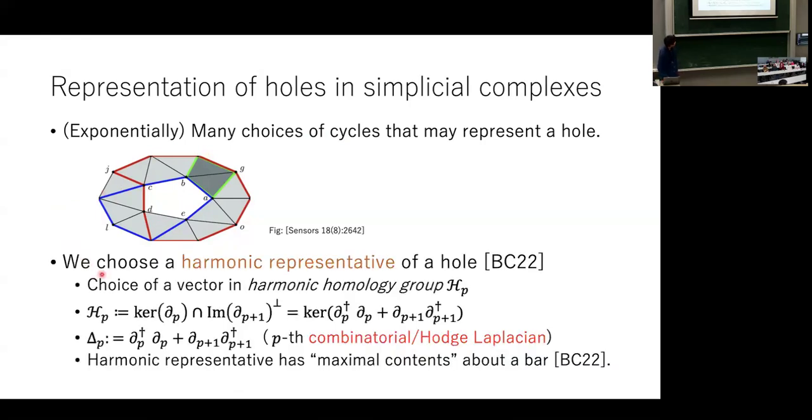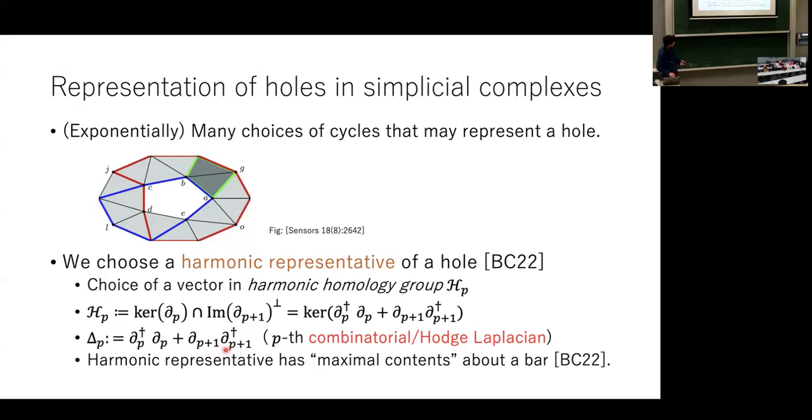In this talk, we choose a representation called the harmonic representative of a hole. This is a choice of vector in the so-called harmonic homology group H_p, and it is defined like this. This is also equivalent to the kernel of this p-dimensional combinatorial Laplacian, or Hodge Laplacian.